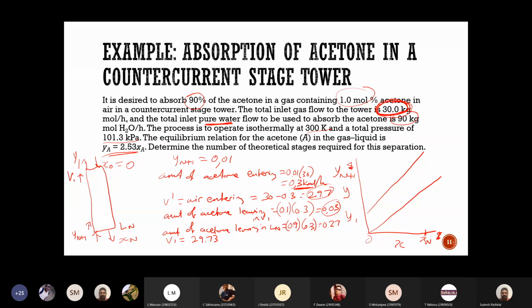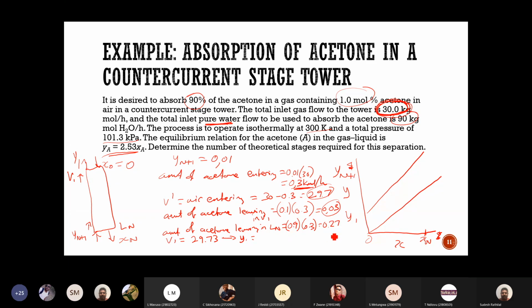Y1 will be equal to the amount of acetone that's there over the total amount. We're working with mole fractions now. Mole fraction is the moles of acetone divided by the total moles.